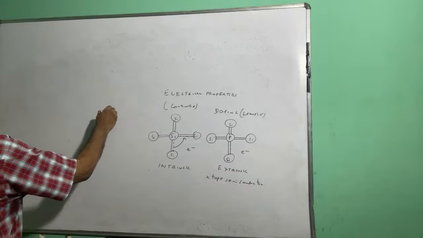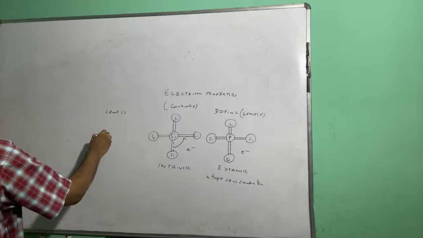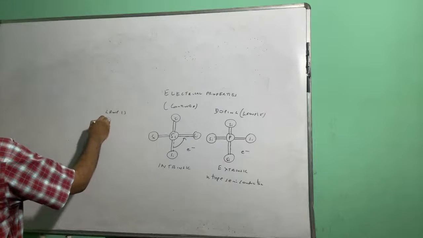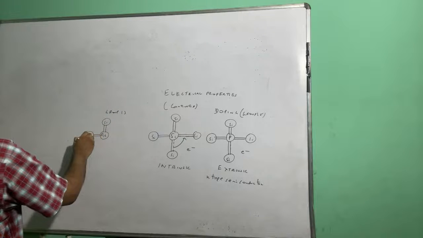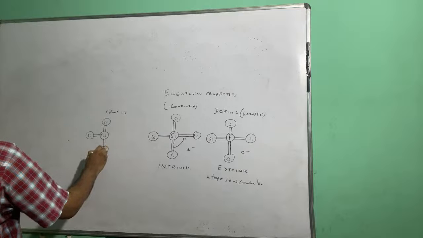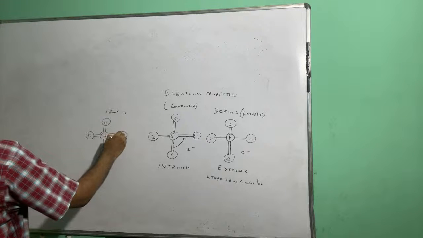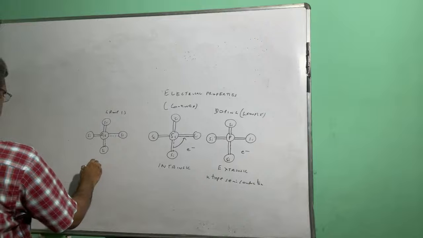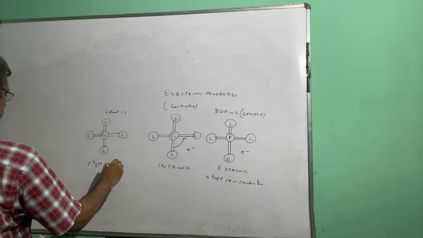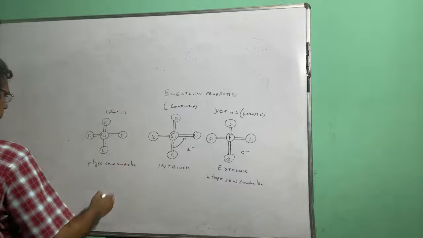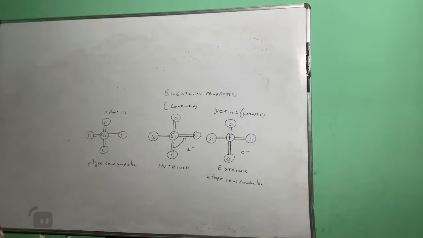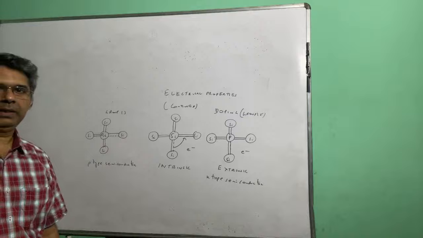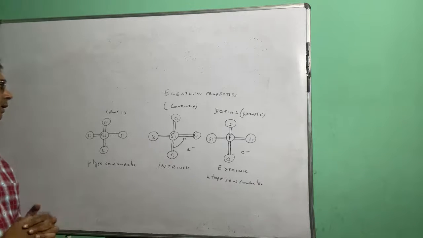Similarly, if you do doping with a group 13 element, like aluminium, suppose you have a group 13 element like aluminium.